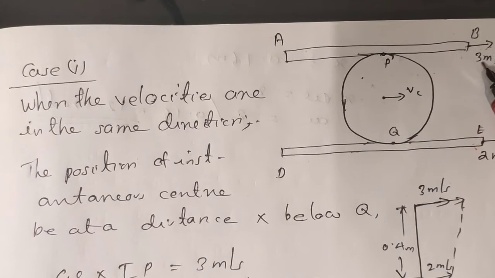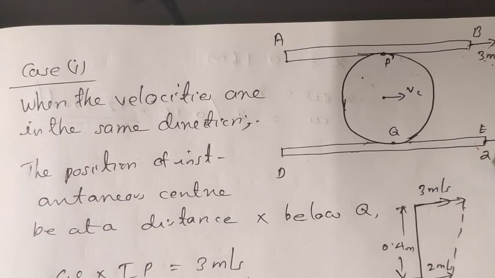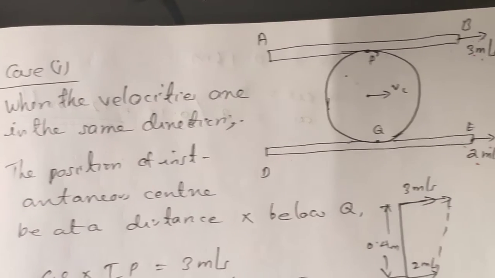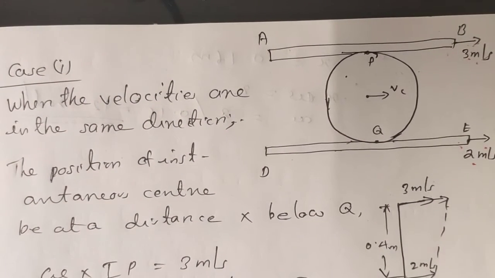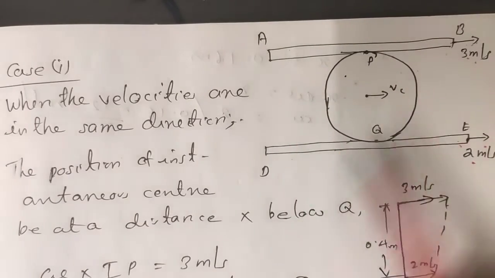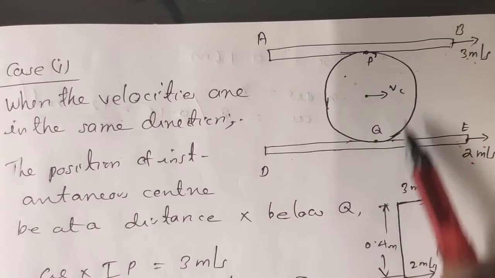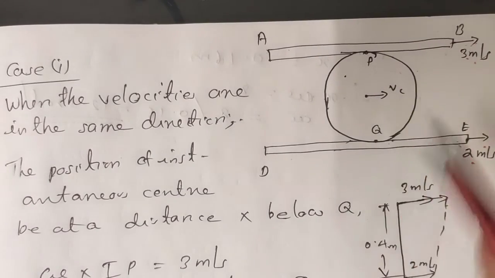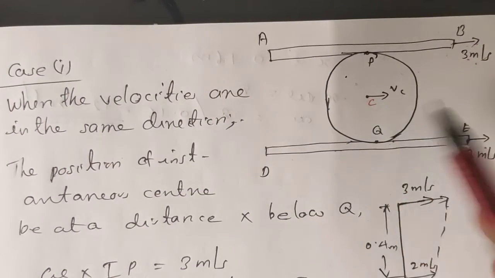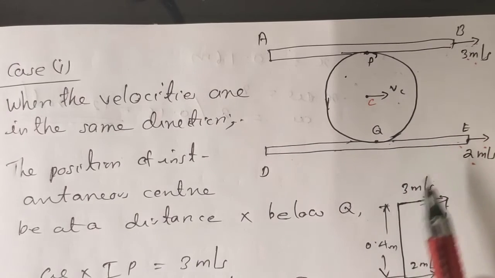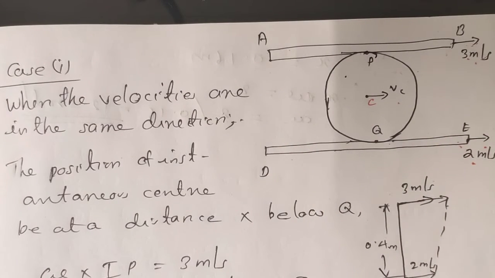The first belt has a velocity of 3 meter per second, the second belt has a velocity of 2 meter per second. They are named AB and DE. Then the two contact points are P and Q. The velocity of the center, we call the center C, is VC. This much detail is given in the question.